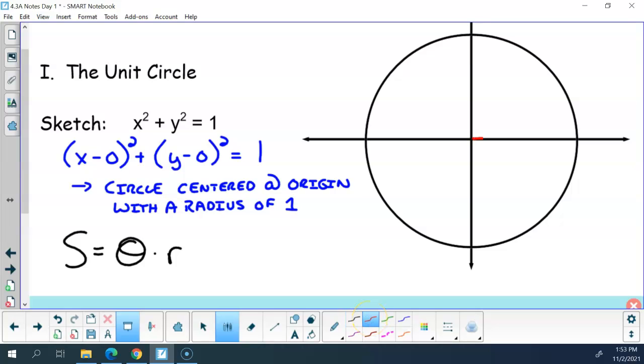So if we went like this, here, we call this theta. How long is this arc? Theta, right? It's theta.